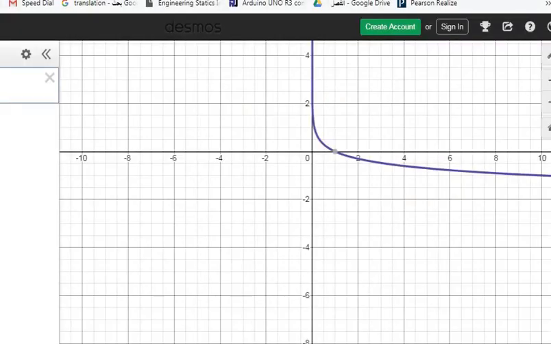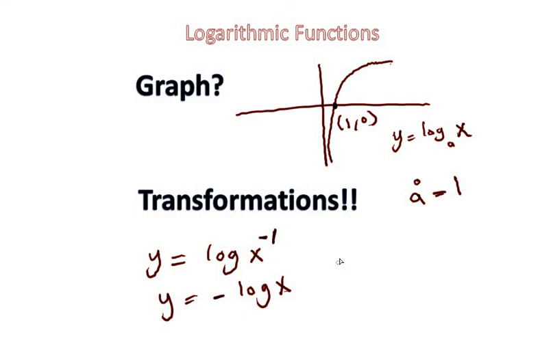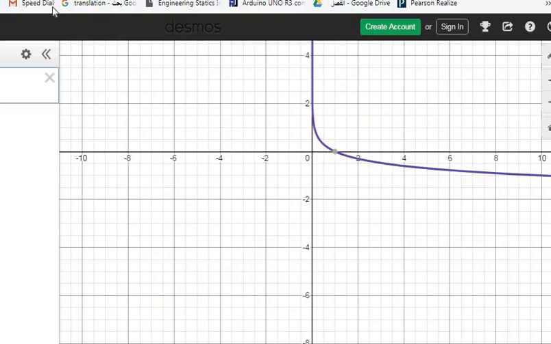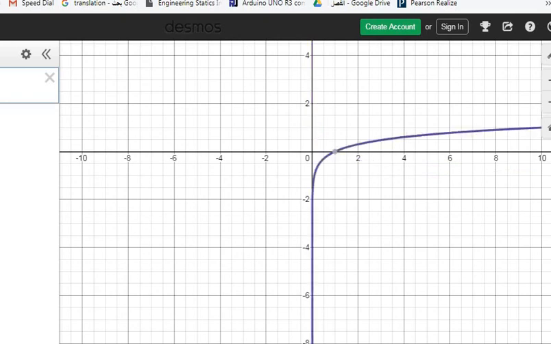It is reflected in the x-axis, reflected vertically. Let's see the graph of y equals negative log of x to the negative 1. We got the same graph as the one at the beginning because it's reflected twice.